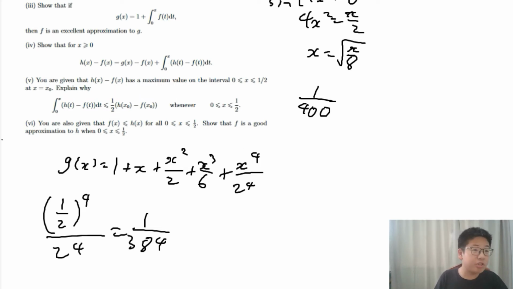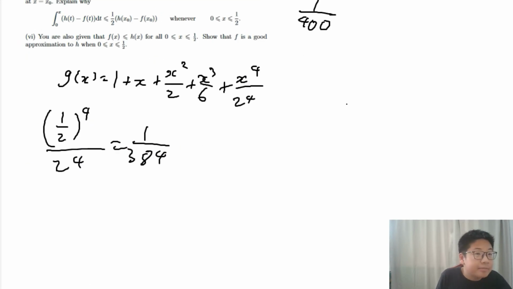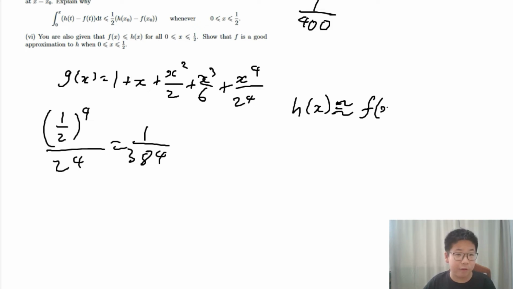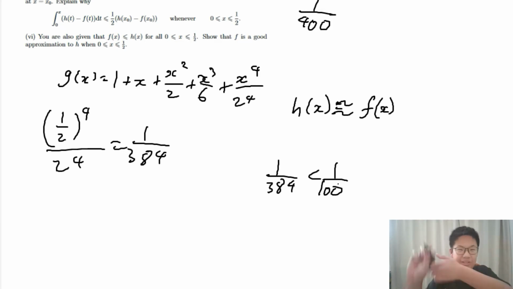Done. You are also given that f of x is less than h of x. So h of x is a good approximation to f of x when x is between 0 and a half. There. So h of x is approximately equal to f of x, and the error term is 1 over 320, and since 1 over 384 is less than 1 over 100, again, who makes these bounds?